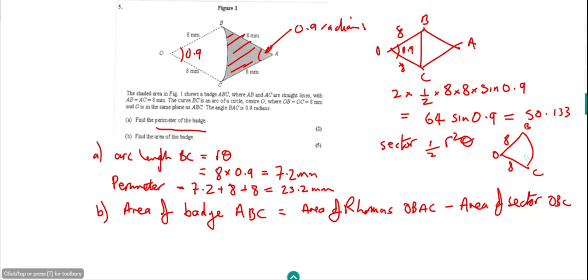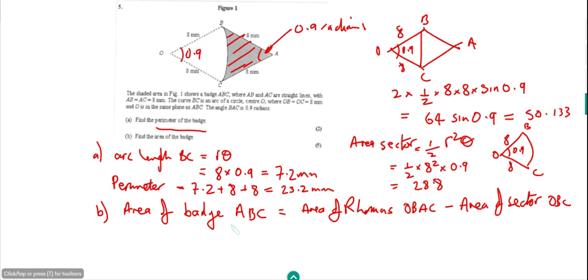So the radius is 8, and this angle is 0.9. So for the area of the sector, it's equal to half times 8 squared times the angle 0.9. And that gives us 28.8.